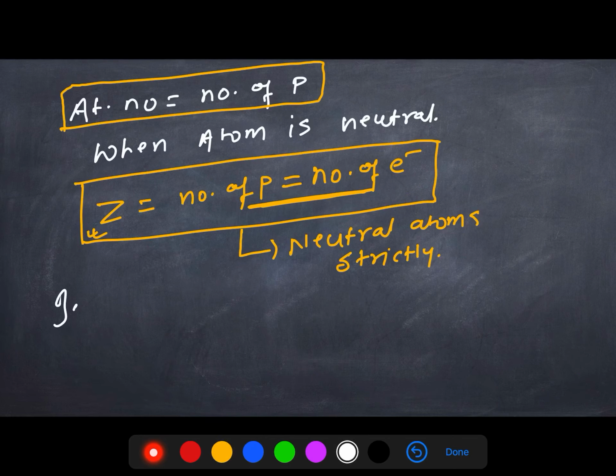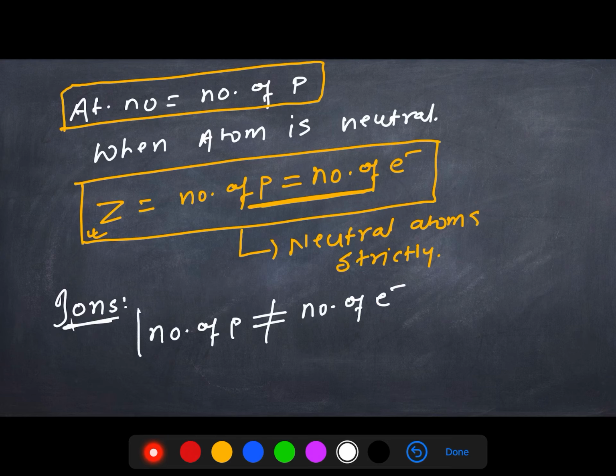Fine. Now, can we simply say, learning from those two cases, case number 2 and case number 3, that in case of ions, the number of protons will never ever be equal to the number of electrons?